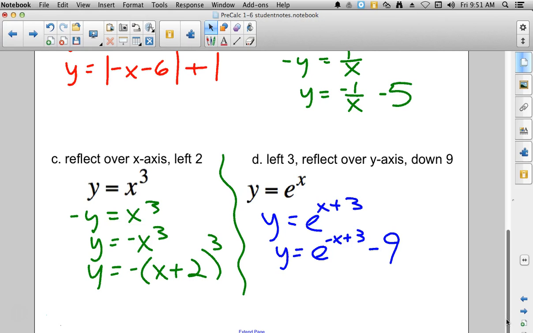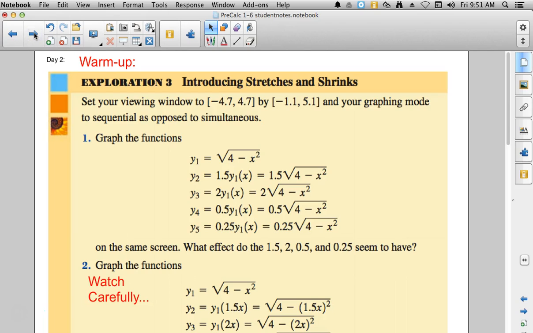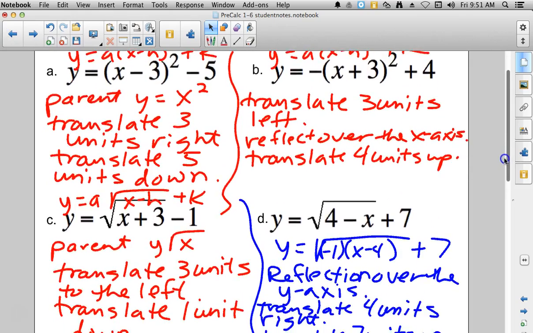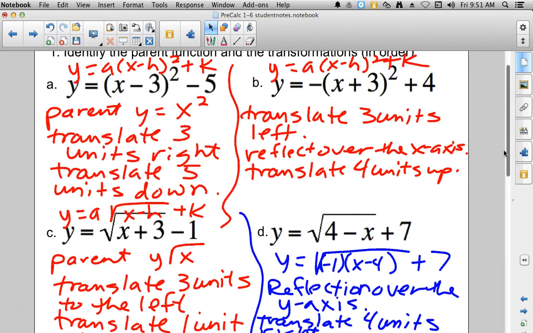Now, we're going to learn something brand new in a minute. And that is this. Just like the other equation, y equals a times x minus h, what would that equation be? Y equals.